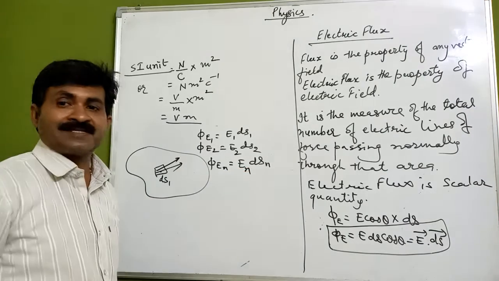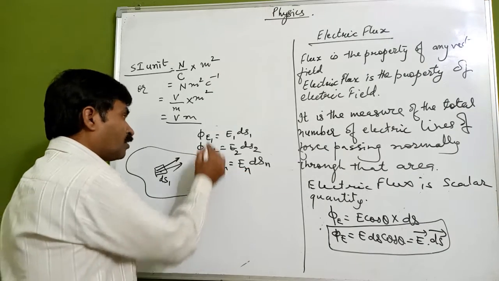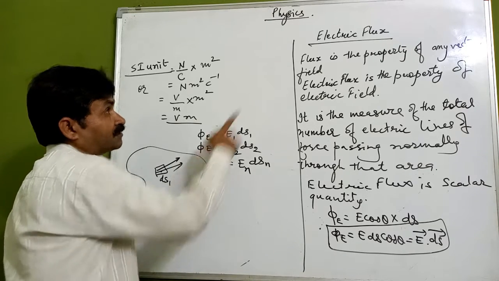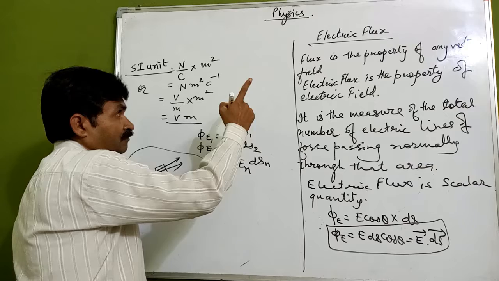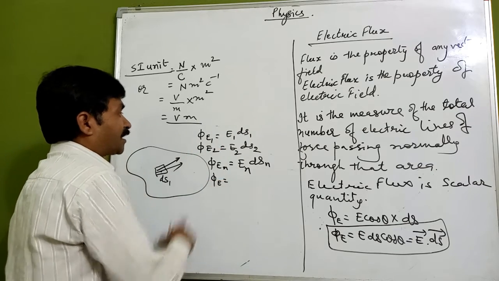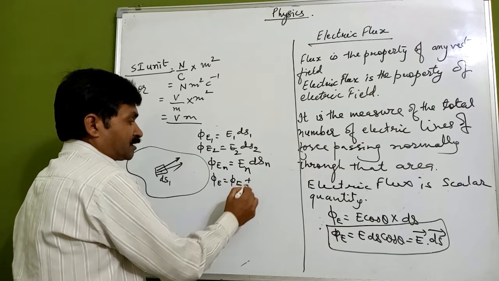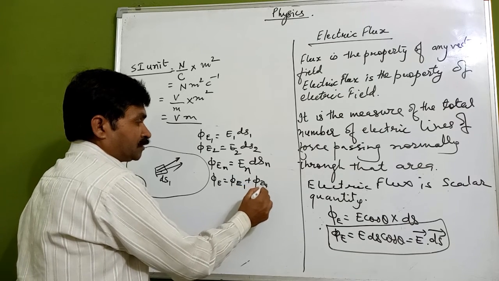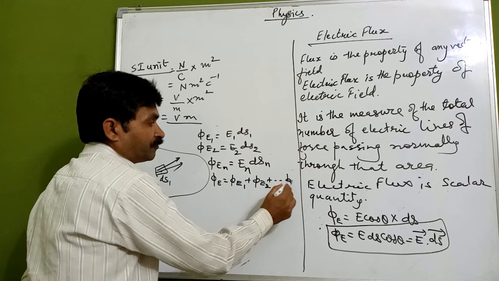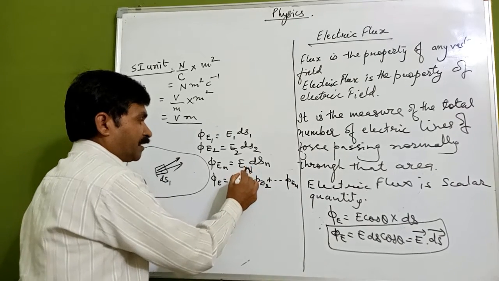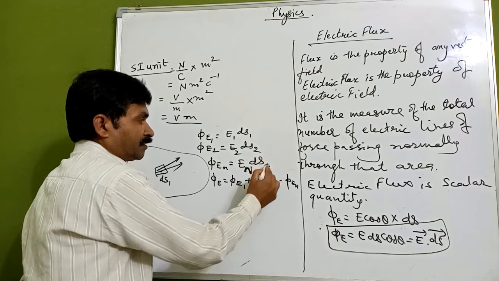So if we take the total electric field lines, meaning the total electric flux, it will be the addition of phi E1, phi E2, and so on up to phi En.